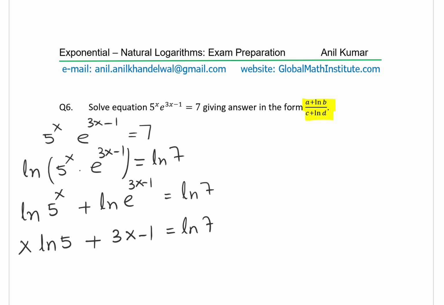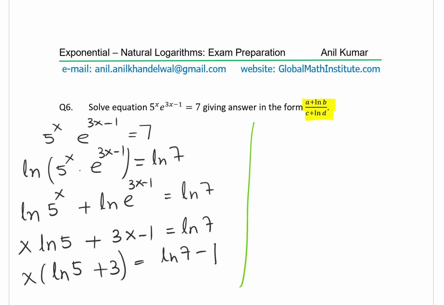So we have two terms with x here. We'll write this as x times ln 5 plus 3, and we'll take this 1 to the right side. So we have ln 7 plus 1. And now we can divide and get our solution. Correct?